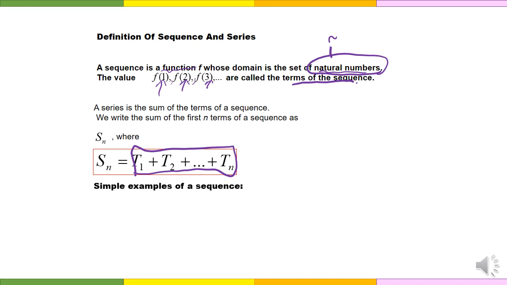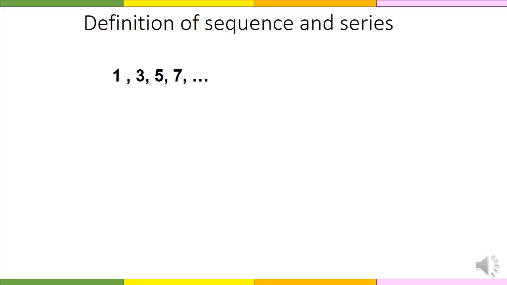So a simple example of a sequence. Let's say the first one can be 1, 3, 5, 7, dot dot dot. We have commas here, so it's a sequence. The other example is 2, 4, 6, 8. Can you recognize these two sequences? Okay, so what is the 1, 3, 5, 7 sequence?